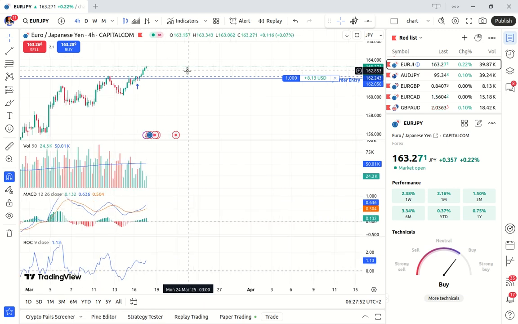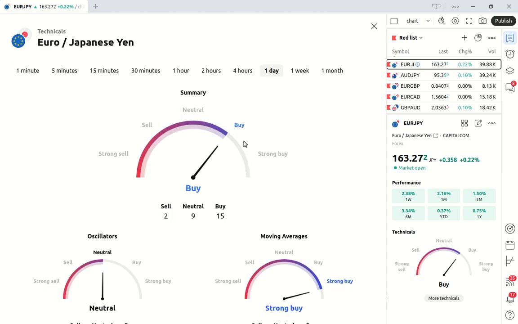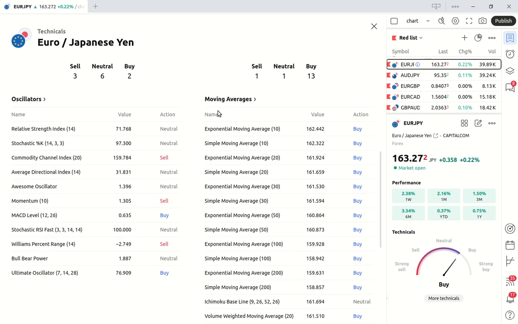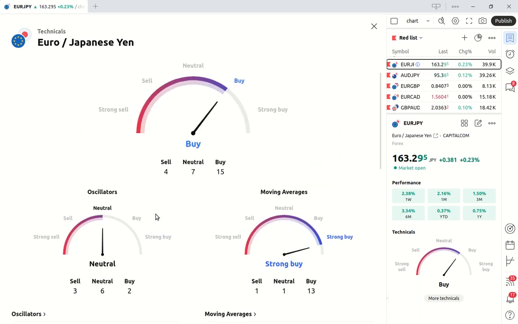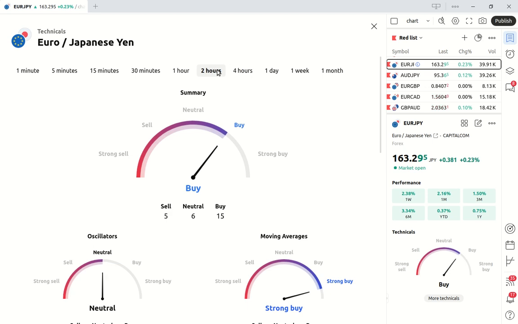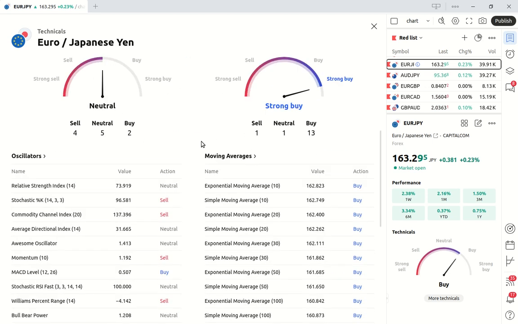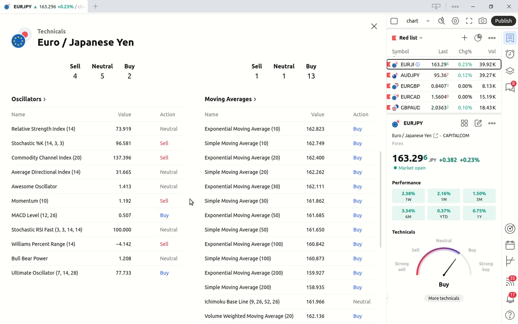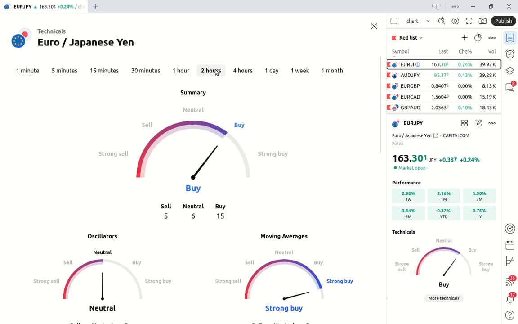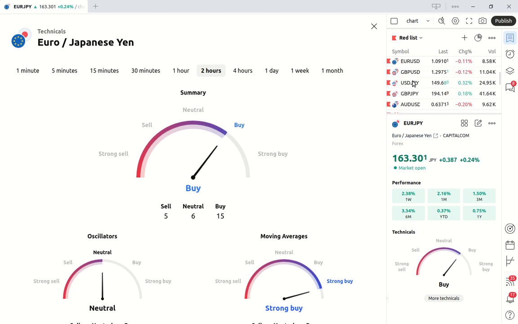The reason being, especially if you look at the 4-hour time frame, we still have a sell signal on the momentum and a buy signal on the MACD. Let's go a little further into the 2 hour, and we also have the same on the 2 hours. So from the 2 hour time chart all the way up to 1 week, we have buy signal confirmation with strong moving averages.